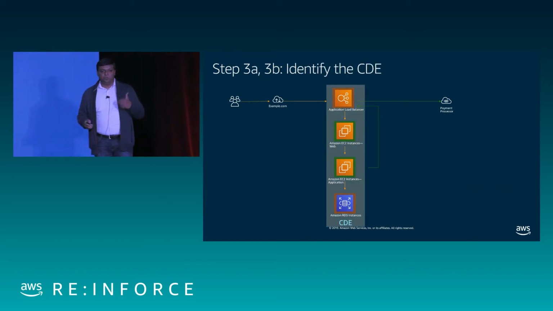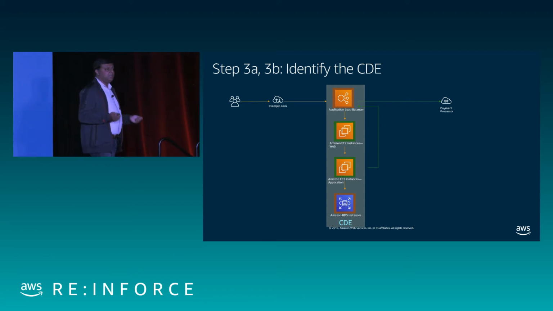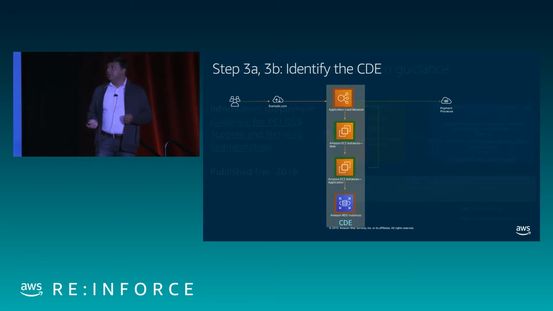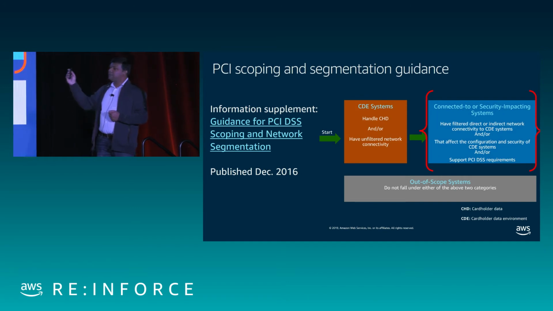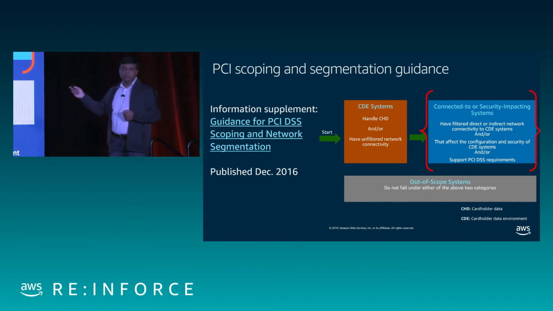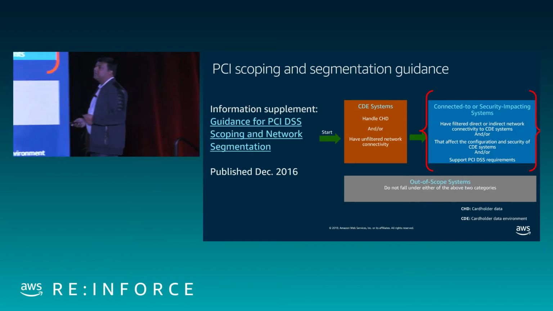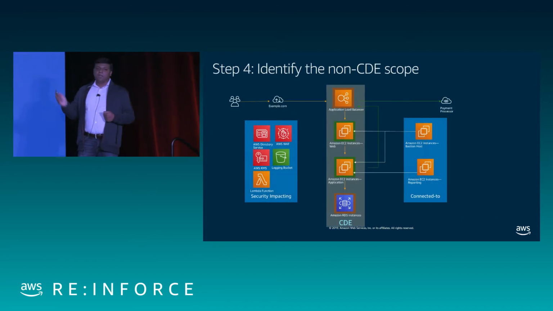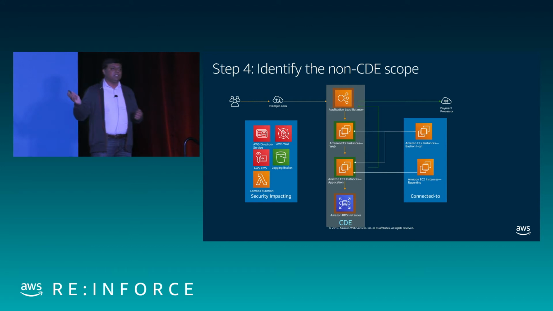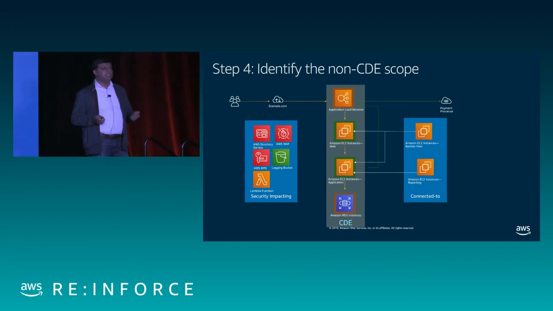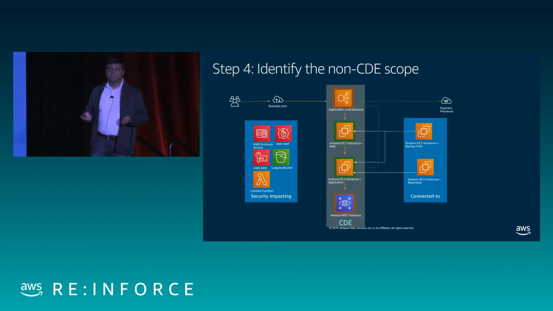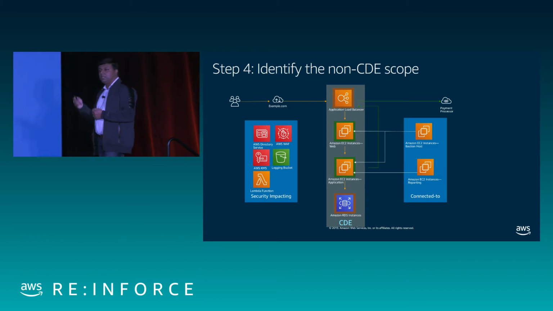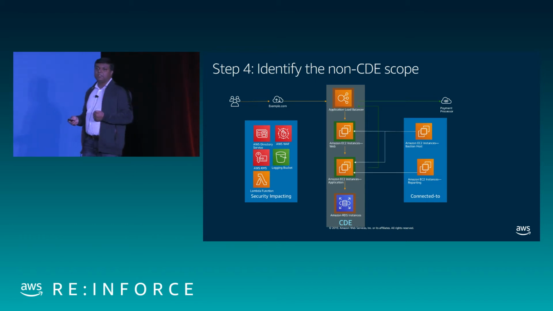Now, moving out from the core, we have to identify our ancillary services. Again, this would be, as per the guidance, the connected to and security impacting systems. So coming back to the reference architecture, your connected to systems can be other EC2 instances, such as a Bastion host that you are using to communicate with all your instances.